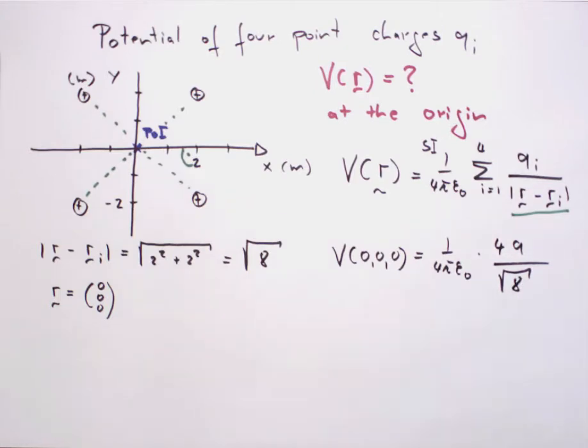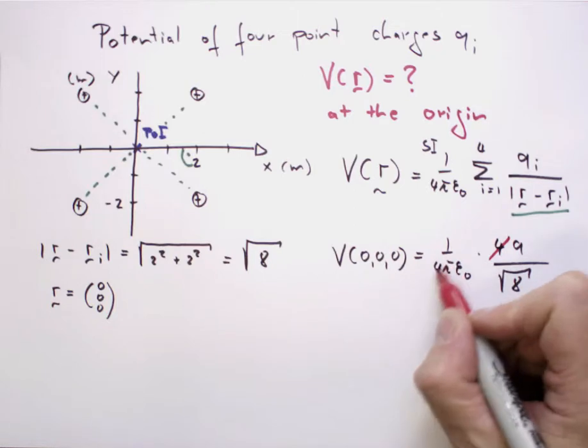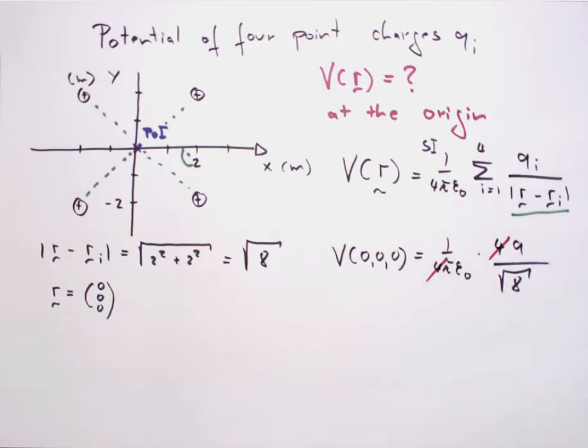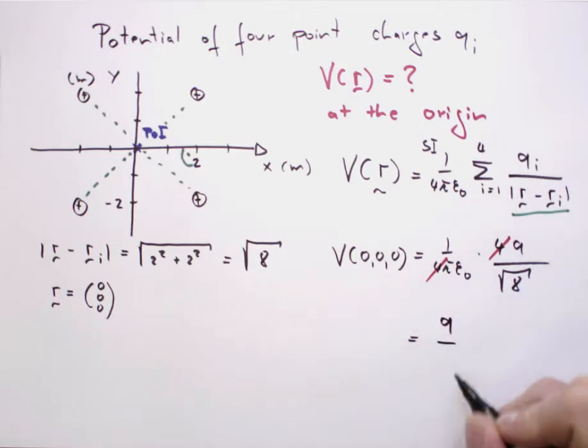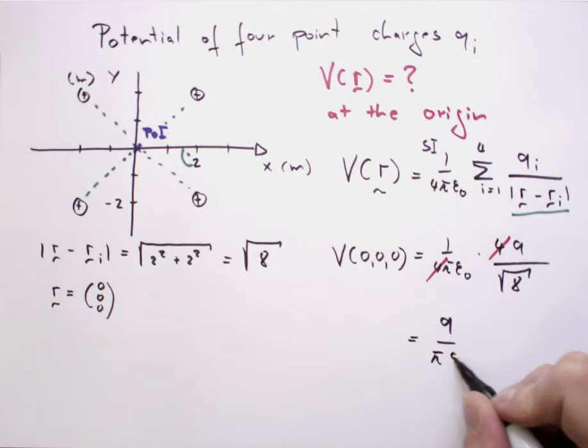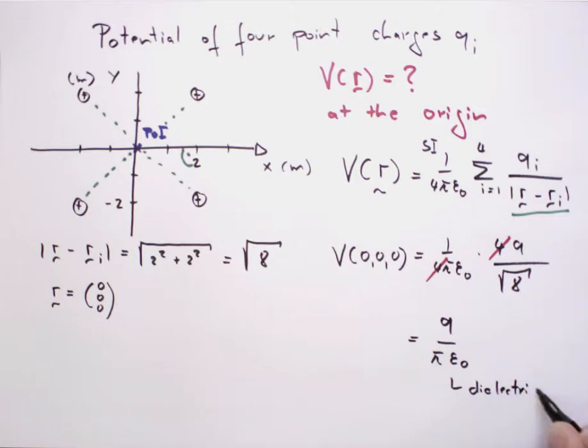You see that this cancels, and we then obtain as our final result that the potential at the origin is Q divided by pi epsilon naught, which is the dielectric constant.